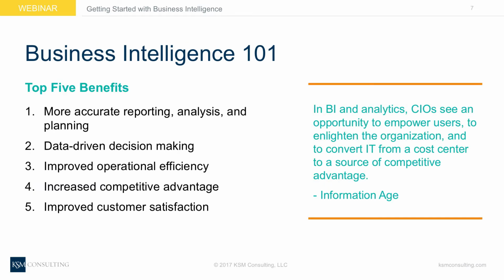So if we see the top 5 benefits here on the screen, one word really pops out to me, and you're not going to be able to get to these 5 benefits without achieving this one word, and that one word is accurate. So without accurate reporting, analysis, and planning, you're not going to be able to have data-driven decision making, improving your operational efficiency, getting some sort of advantage over your competitors, and achieving that customer satisfaction.